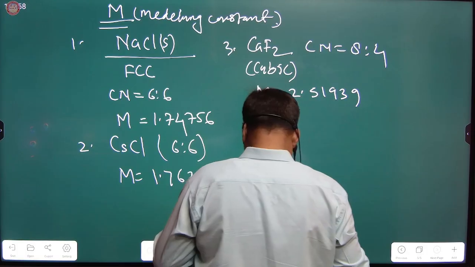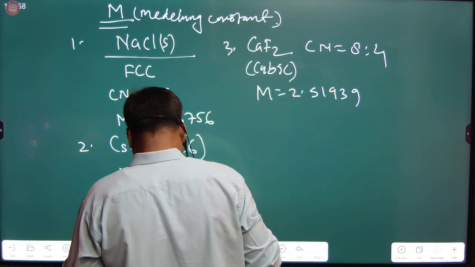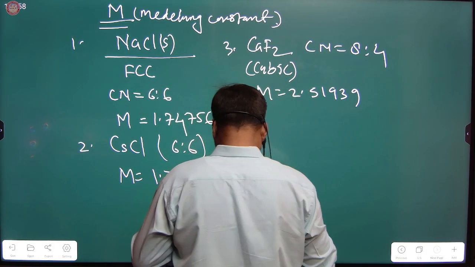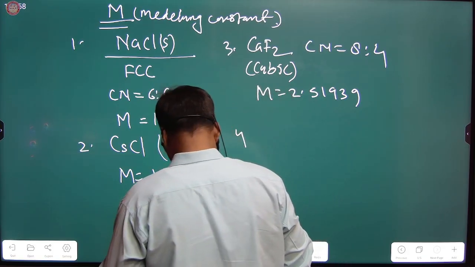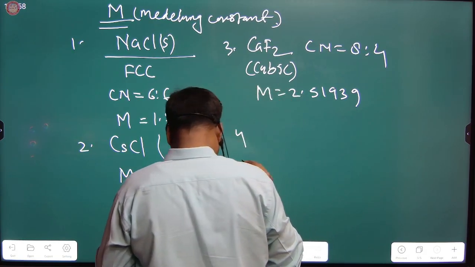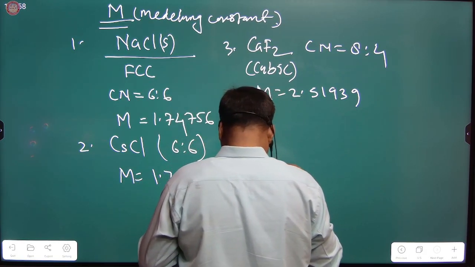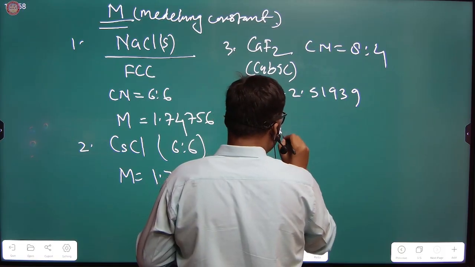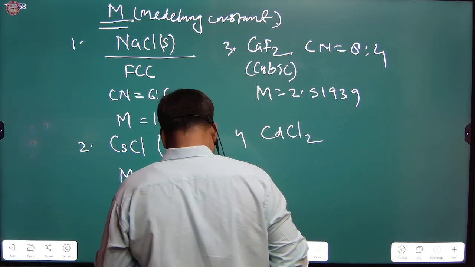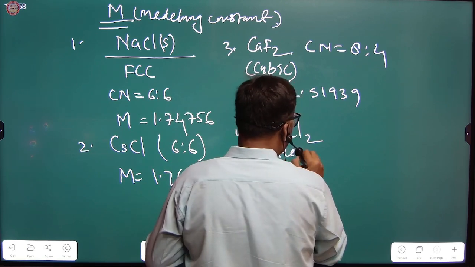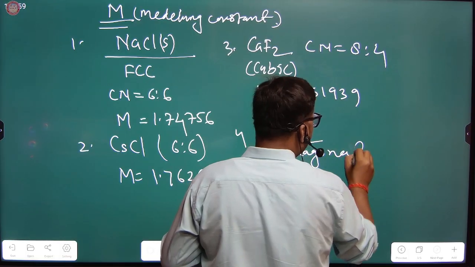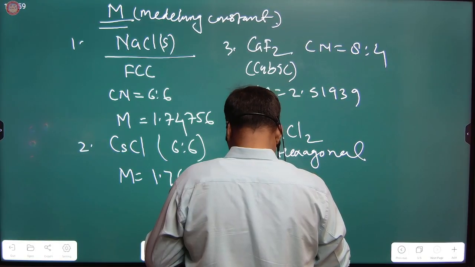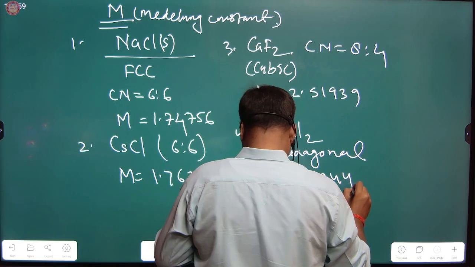And the fourth example is CdCl2. That has a hexagonal structure, and it has a Madelung constant M equal to 2.244.